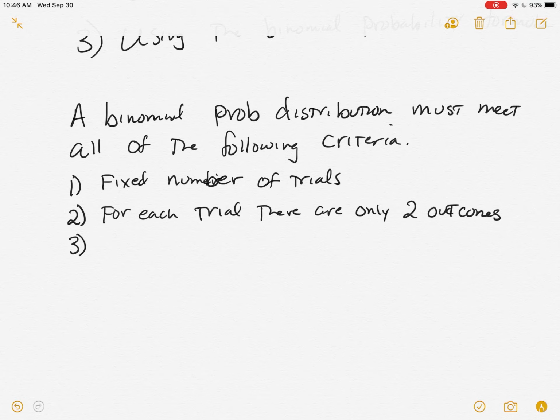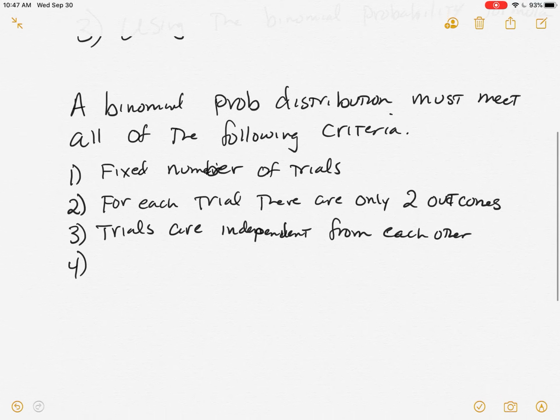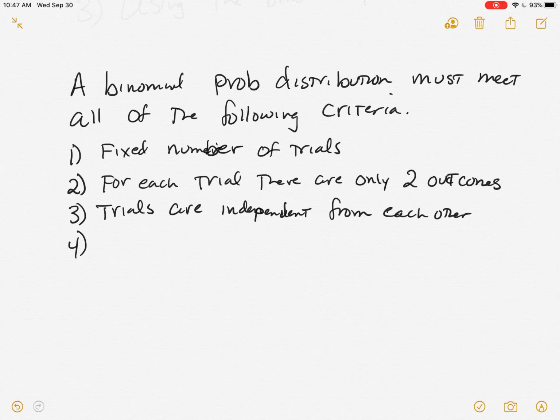3. Trials are independent from each other. That's an important thing. And number 4 and 3 are closely tied. You have to have a very obscure type of setting in order for them not to be tied in.